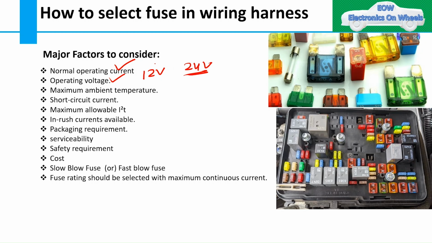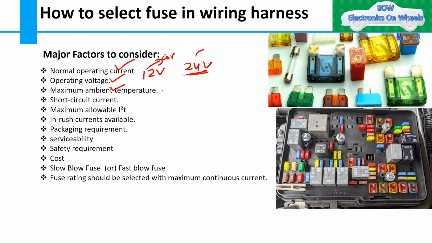Generally in cars we work on a 12-volt system, but on CVs, commercial vehicles, we work on a 24-volt system. So these things need to be decided, along with how that particular component is working. Then the maximum ambient temperature.